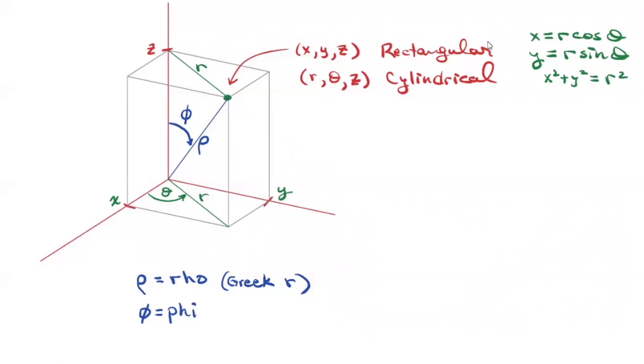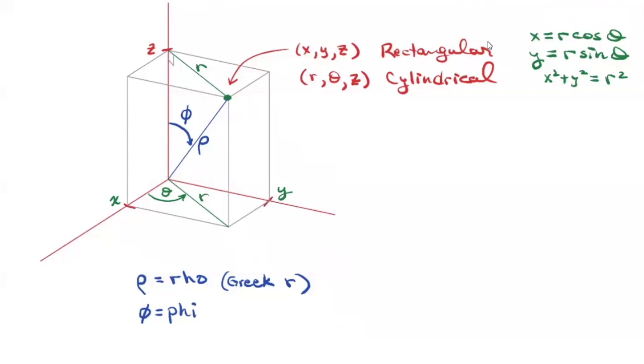We need some relationships here. So I think it's clear there's a relationship between R and rho, and we're going to need that. Okay, so let's block in the triangles that we need here. I'm trying to draw the right triangle symbol there between R and the z-axis.